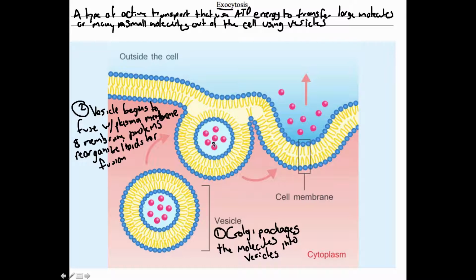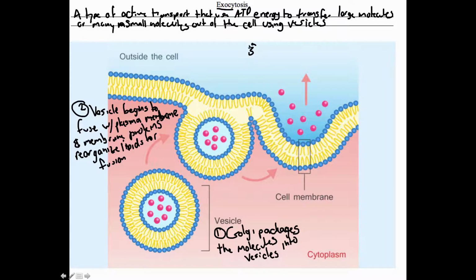This is where the energy comes in, the need for ATP energy. In order to reorganize, you need to input a little bit of energy to these proteins that help reorganize and allow the vesicle to fuse with the plasma membrane. Also, on the movement towards the plasma membrane, ATP energy is used to move vesicles along the cytoskeleton as well.